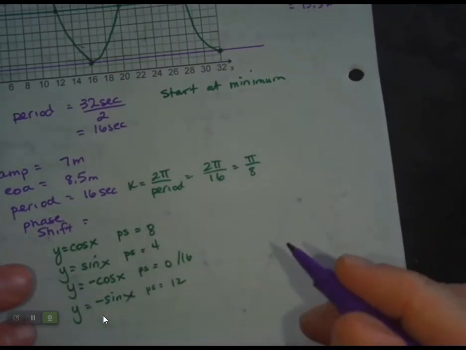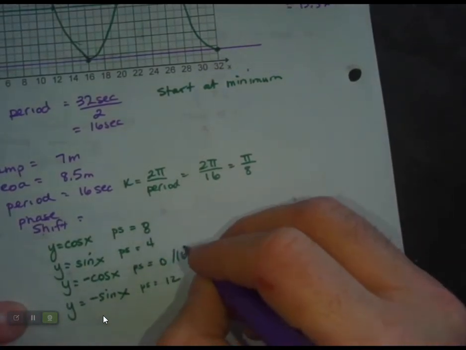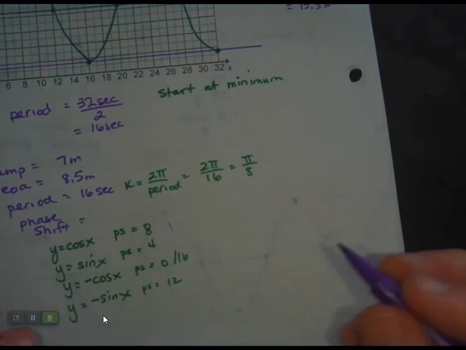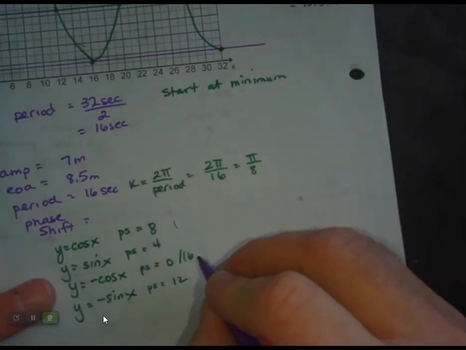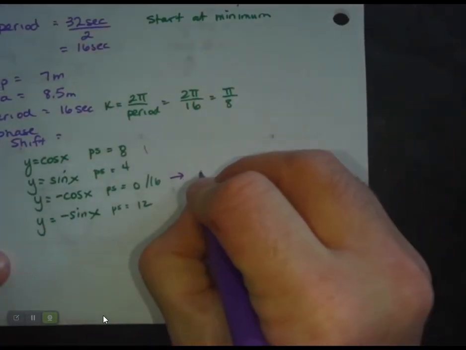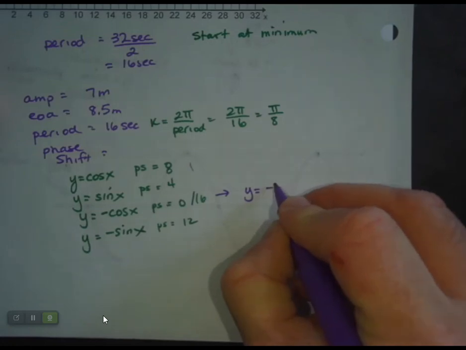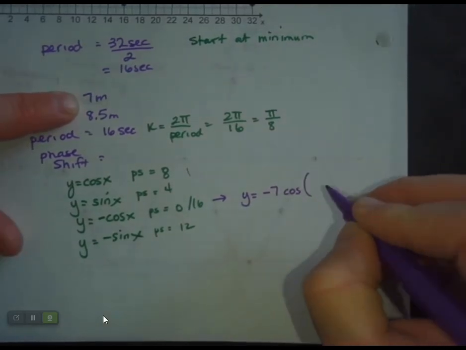So now I could just make my equations. I'm going to do a couple here. For me, I like cos in this example because the max and the mins are nice. It doesn't matter. All right. So I'm going to do that one. So my amplitude is 7 cos.